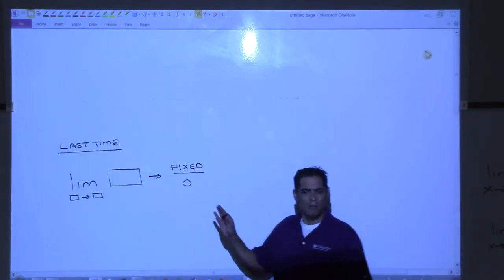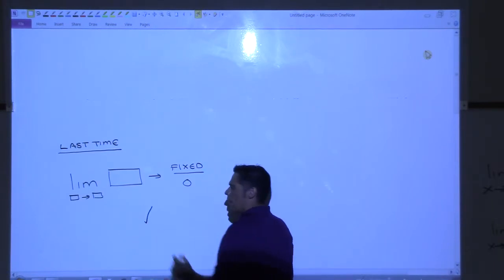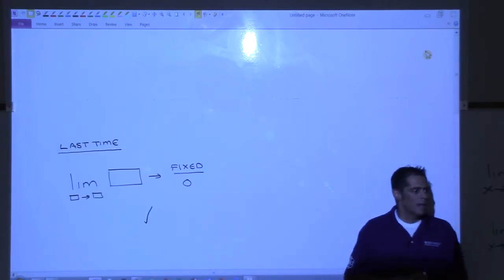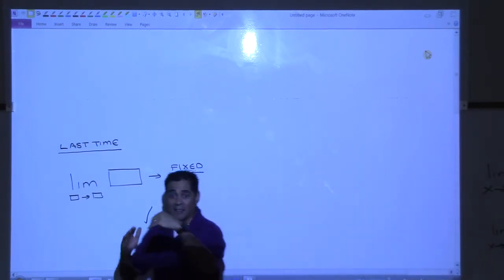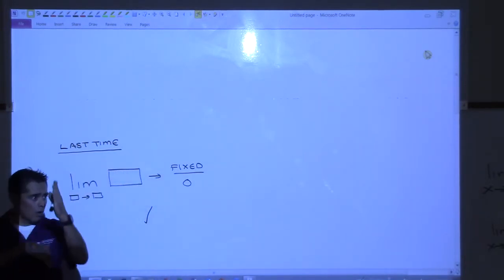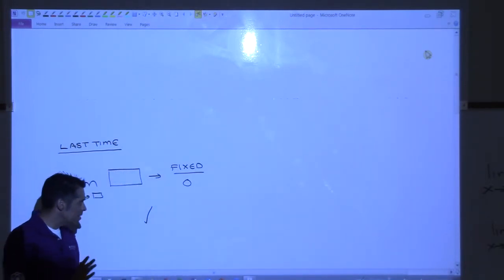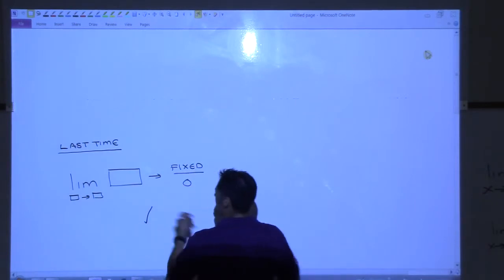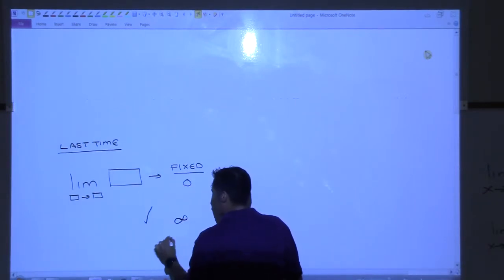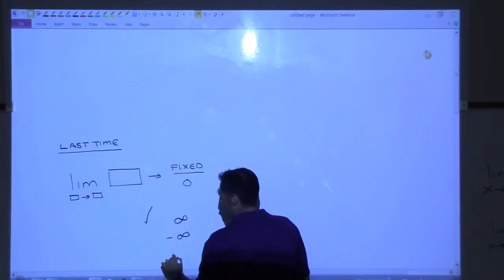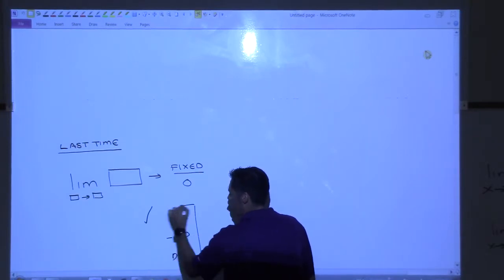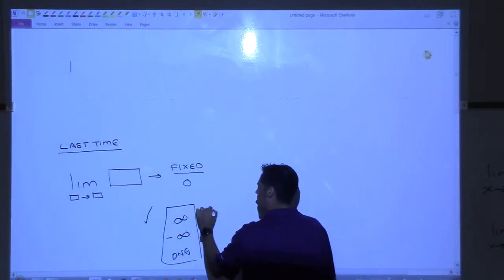We now understand that we have a way of dealing with this. Anytime we have this, we have vertical asymptotes in the graph of our function. I wanted to say that our answers here would be either infinity, negative infinity, or does not exist. Those were the possible answers that we could have got.